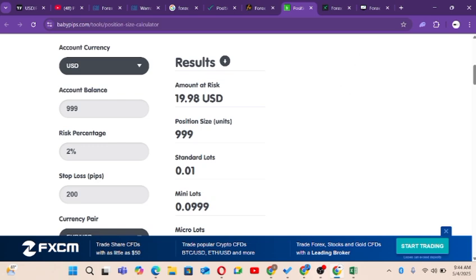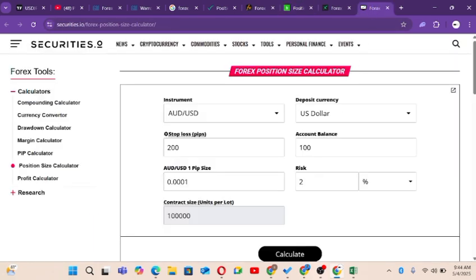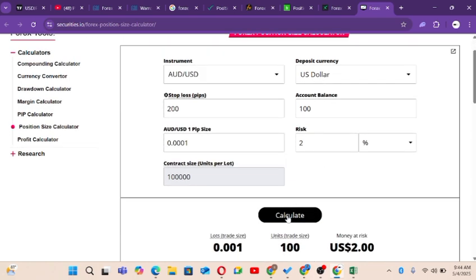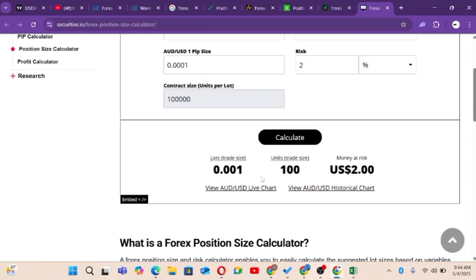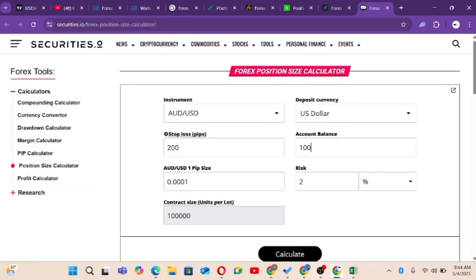There are other Forex calculators also. Here you put your stop loss, your pip value, the contract, your amount, and the risk you are taking in percentage, then hit calculate and it brings the result for you. Let's adjust this to $1,000.